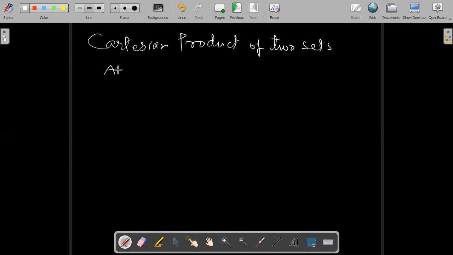Suppose A is a set of elements 1, 2 and B is a set of elements a, b and c. Then the Cartesian product of these two sets, actually the product of the two sets, is called the Cartesian product, A cross B. This will have ordered pairs. That's why we are considering it here, because it gives ordered pairs.